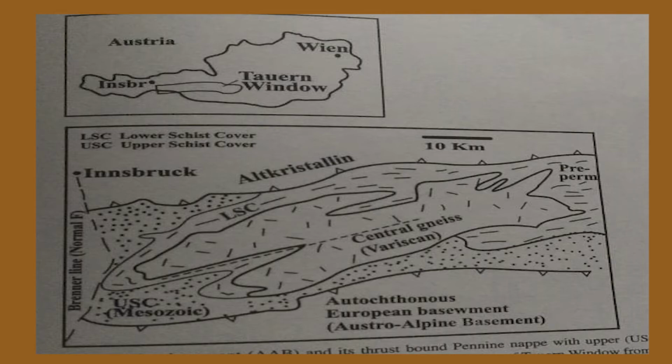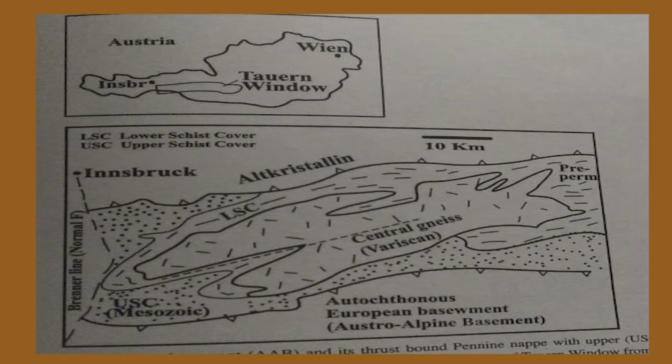The region south of the Tauern window is called the Austro-Alpine basement or European basement that was involved in deformation and metamorphism associated with continental collision during the Alpine orogeny. See figure 7 on the screen.